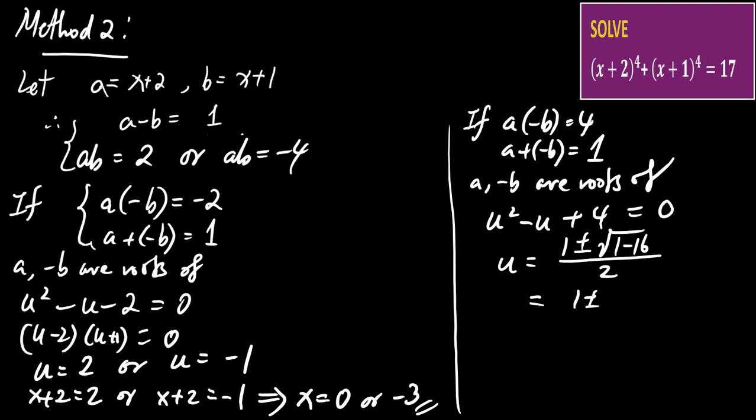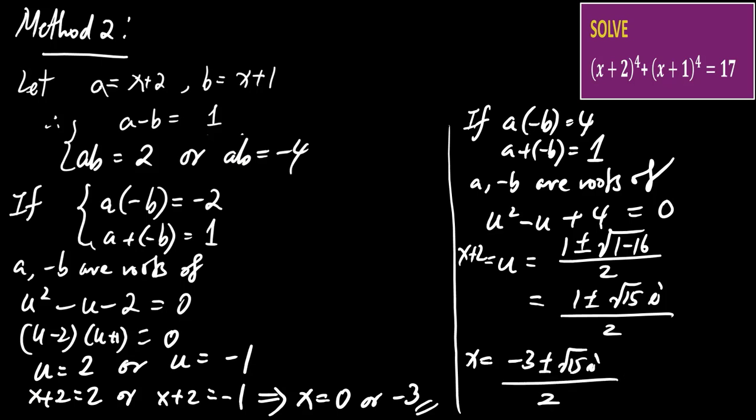So this is 1 plus or minus the square root of 15i, over 2. And u equals a, which is x plus 2. So x equals negative 3 plus or minus the square root of 15i, over 2, and these are the non-real solutions.